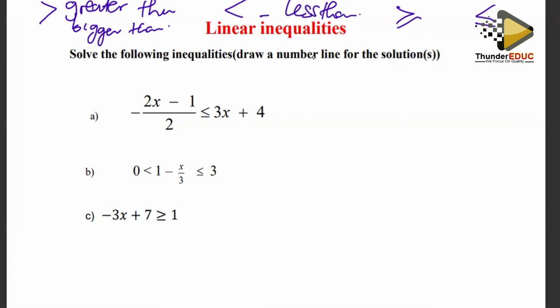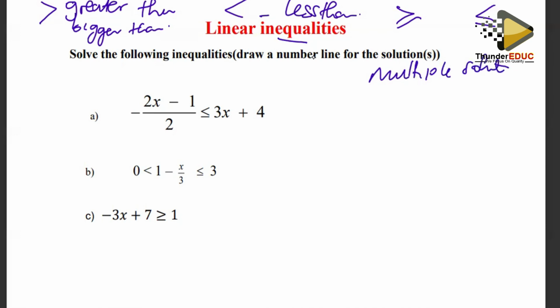So solving linear inequalities is not different from solving linear equations. I mean, we're going to be using the same steps, the same aspects, the same approaches. The only difference is that within linear inequalities, we have what we call multiple solutions, okay?